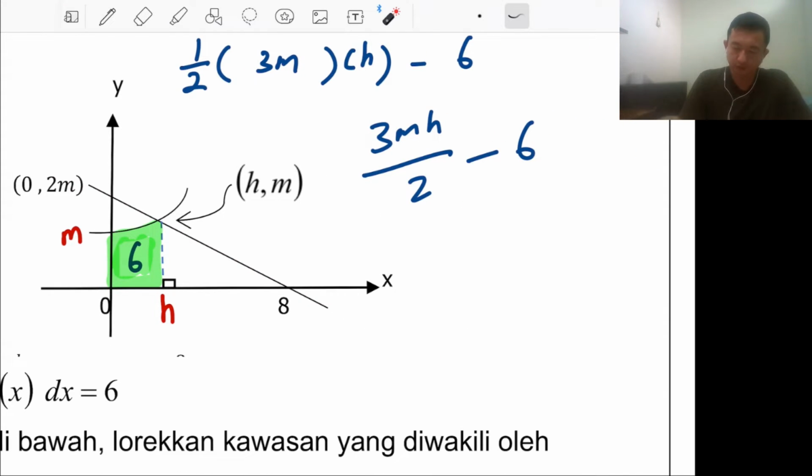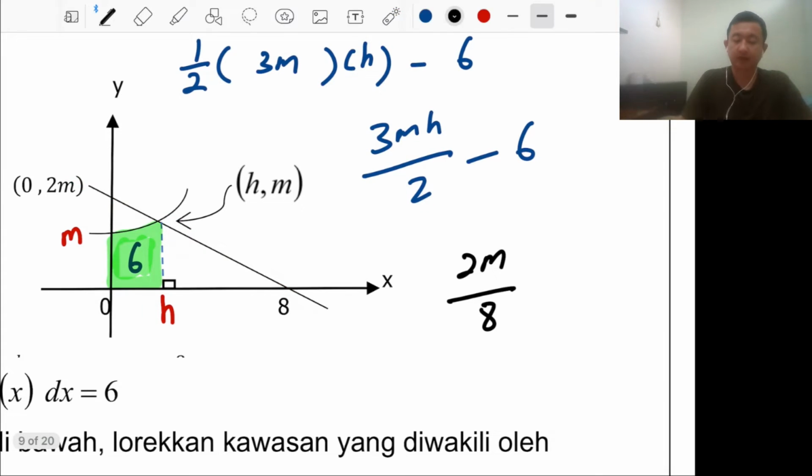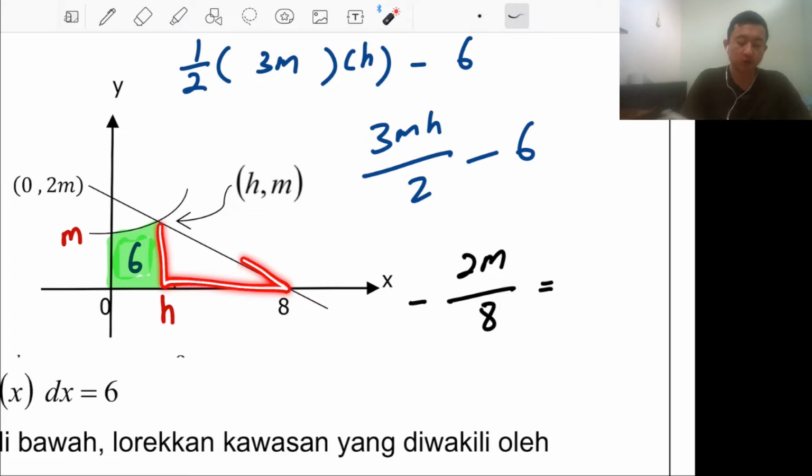Let's look at rise over run. The first gradient will be 2m over 8, but because it's in this direction, it should be negative 2m over 8, equal to this rise over run.